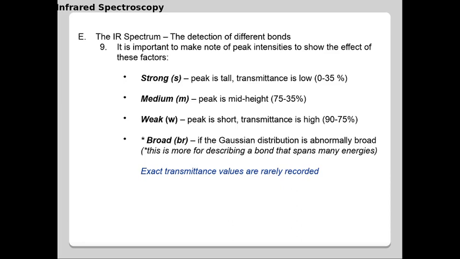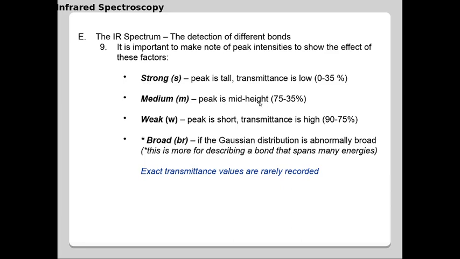Okay, so the peaks that have greater intensity, meaning the peaks with a transmittance in the range of 0 to 35 percent, because the greater the absorption, the lesser the transmittance. So the lesser the transmittance, the stronger the peaks. These peaks can be classified as strong peaks, represented by S, which stands for strong.